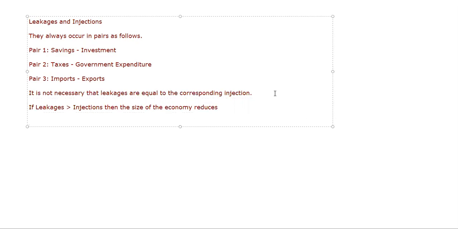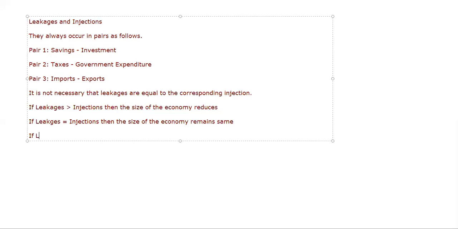So for example, again, if your imports are more than exports, in the long term, the size of your economy will reduce. If leakages are equal to injections, then the size of the economy remains the same.